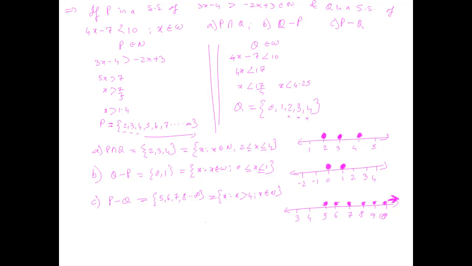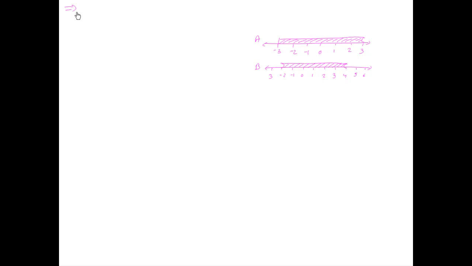Let's see another example, children, to elaborate on this. Another question says, children, diagram represents two number lines A and B represent A intersection B and A intersection B complement on two number lines.